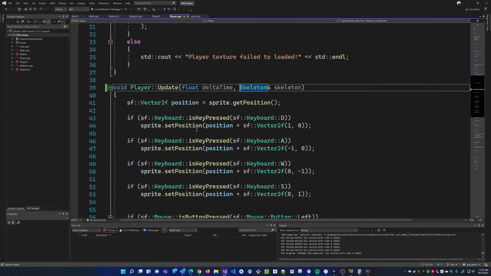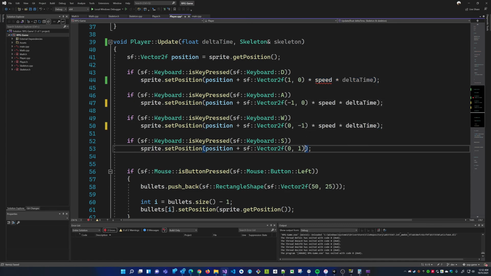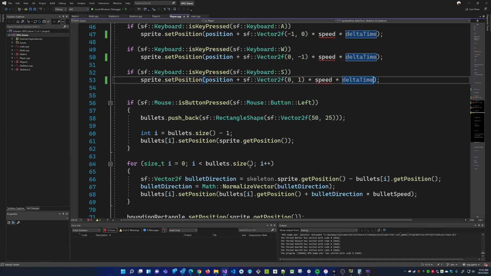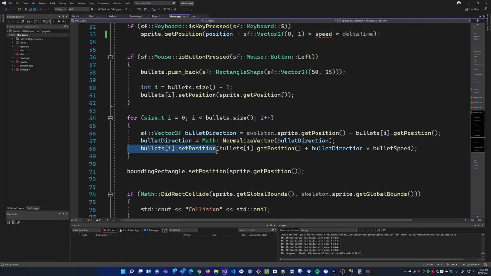Now, when I set my position, I'm taking the previous position, adding to it the direction, multiplying it by speed. I need to create my speed variable, multiplying it by delta time for all of them. Okay, and even my bullet, when I move my bullet, so here, bullet speed.